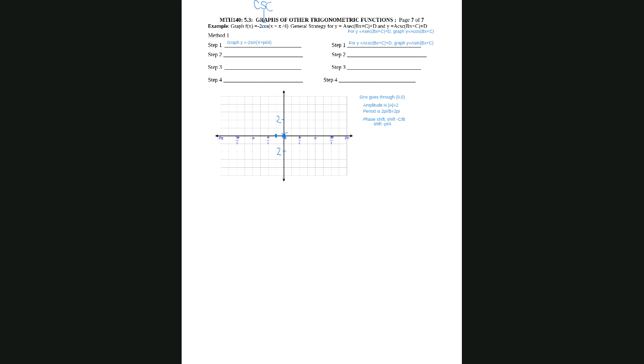And then normally, we would have a point at pi over 2, 1, or in this case, pi over 2, 2, because the amplitude's changed. That's going to be shifted to the left, pi over 4 units, so it'll be right here. And then normally we'd have a point at pi, 0 that again gets shifted to the left, pi over 4 units, so that one goes there.